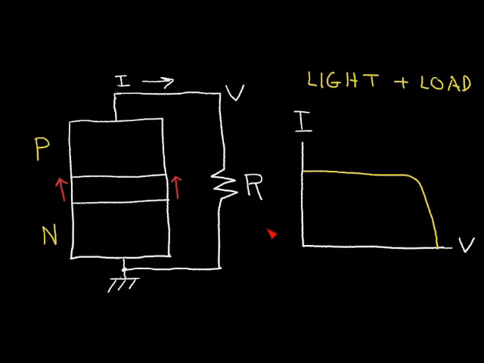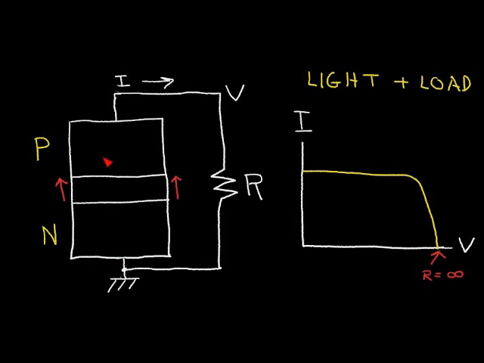Now in the case where we had no load that we just talked about, we're operating at this point on the current versus voltage curve for the solar cell. And in this case, the resistance R is equal to infinity.